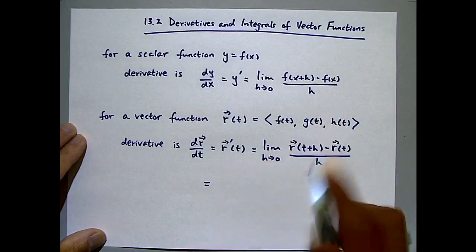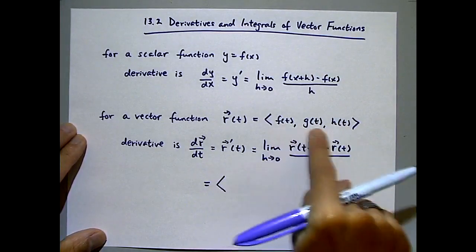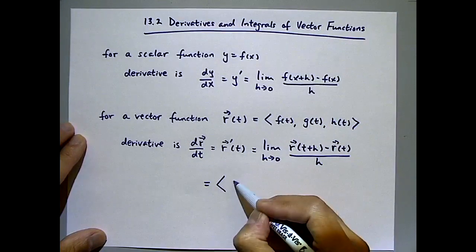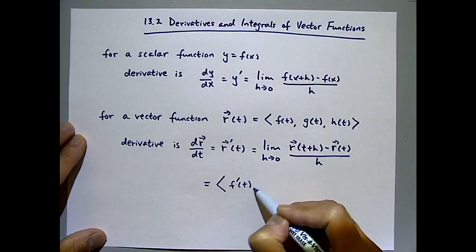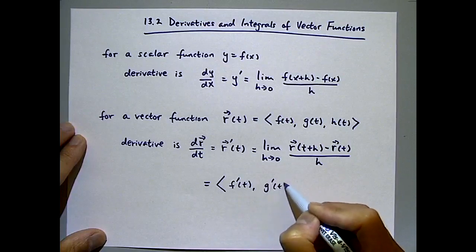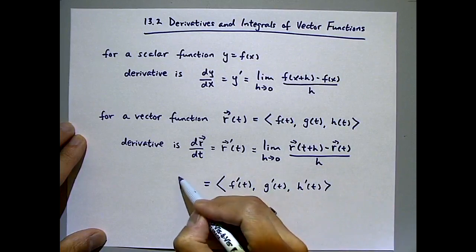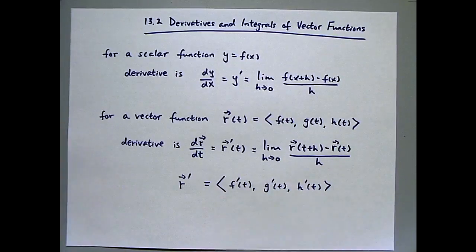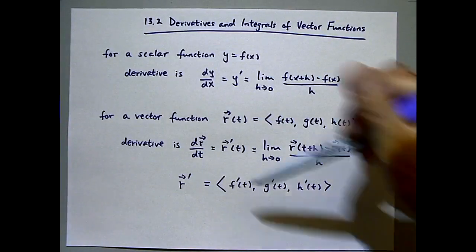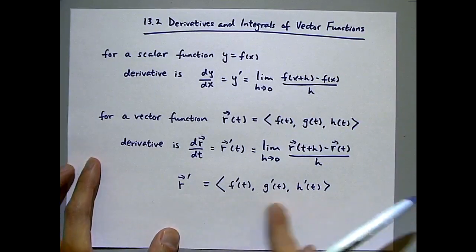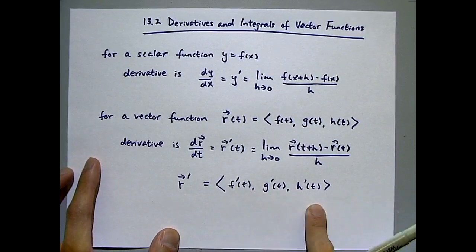This is also equal to taking the derivative of each individual component, so it equals f prime of t, g prime of t, and h prime of t. For a vector function with scalar components, the derivative is simply the derivatives of the individual components, one at a time.